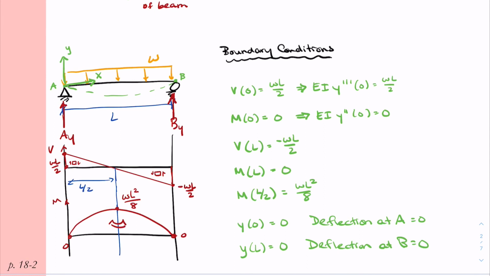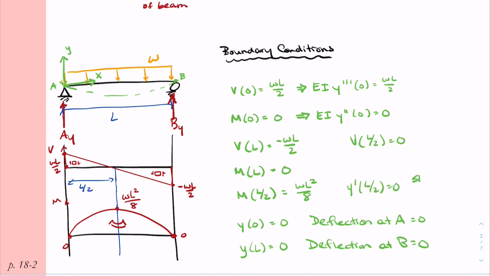All right, we can also look at what's happening at the middle of the beam. Because of some symmetry in the beam, we see that the shear at L over 2 passes through 0, so we can use this as another boundary condition. Also, because both the supports are symmetrical and the loading on the beam is symmetrical, we can take a look at the slope at the middle of the beam.